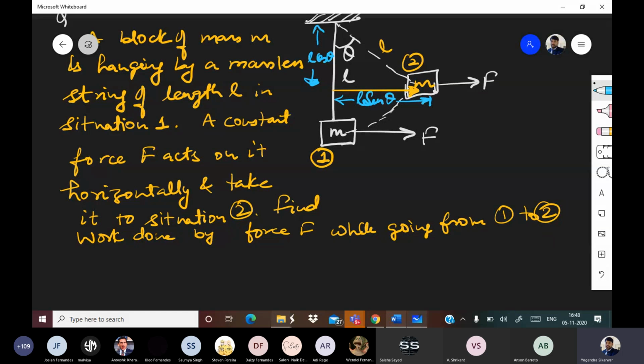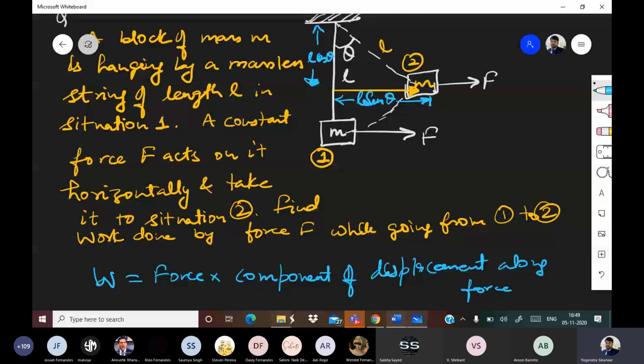So W is equal to force into component of displacement along force.